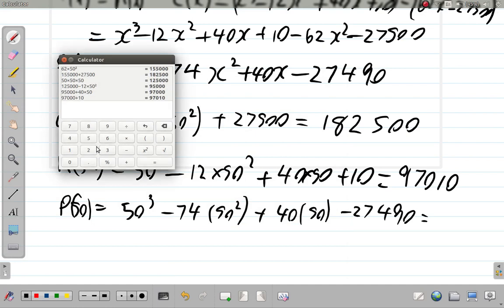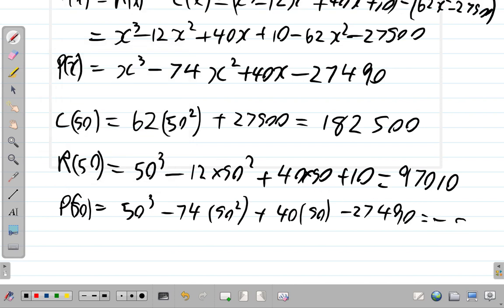We have 50 cubed, which is 50 by 50 by 50, minus 74 times 50 squared equals negative 60,000, plus 40 by 50 gives us negative 58,000, minus 27,490 equals negative 85,490, which would indicate a loss.